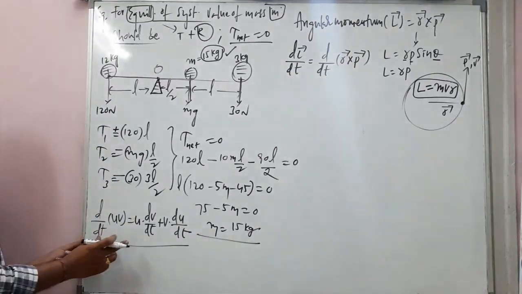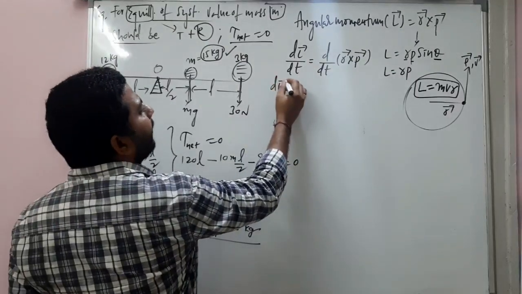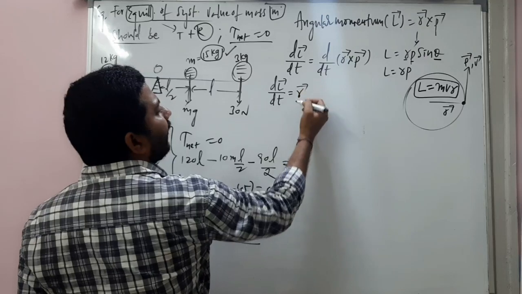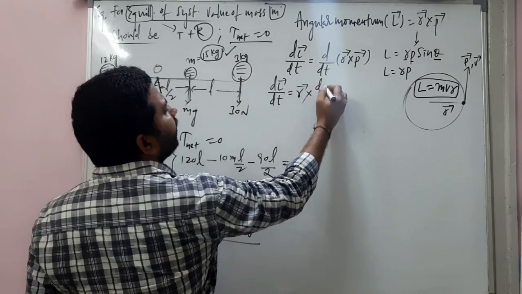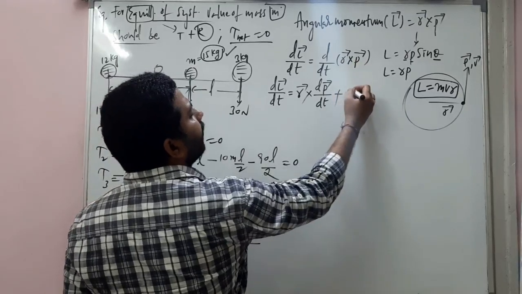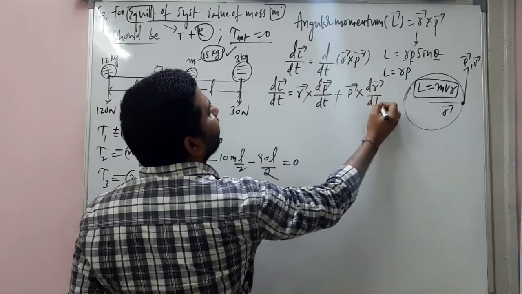Now if you remember this, it's so simple. So dL bar by dt is equal to r bar cross dp bar by dt, plus now p bar will come out, p bar cross dr bar by dt.